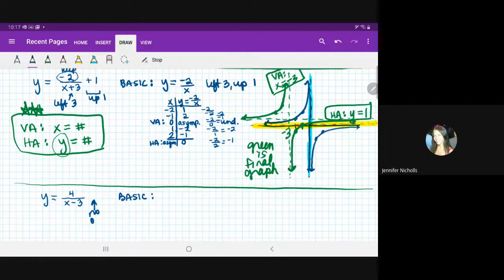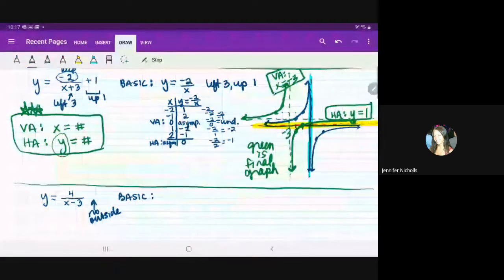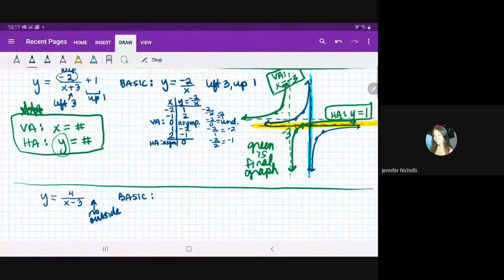So there's no outside. So which way should that one move it? Yes, I agree. So this is right 3. Okay, so that one's right 3.